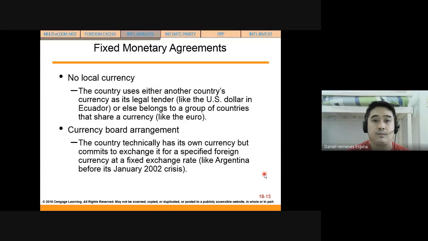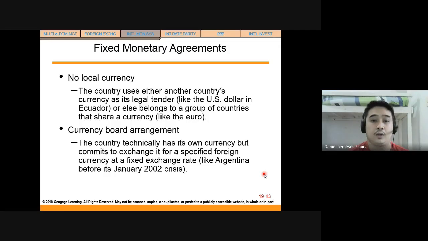Fixed monetary agreements. In the fixed monetary agreement, there can be no local currency. This country uses another country's currency as its legal tender, like the US dollar in Ecuador or perhaps in Zimbabwe, especially those countries that are experiencing a hyperinflationary economy.